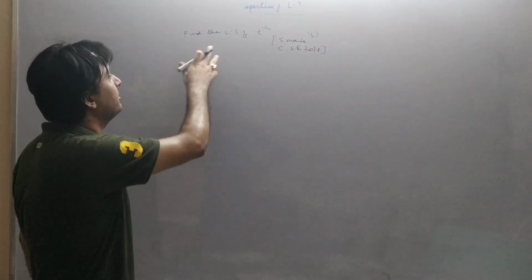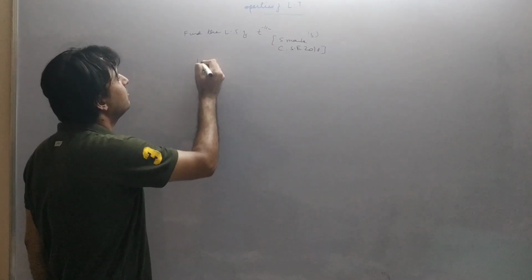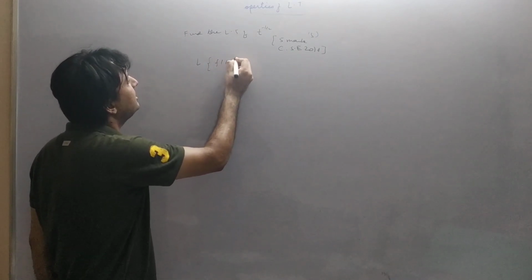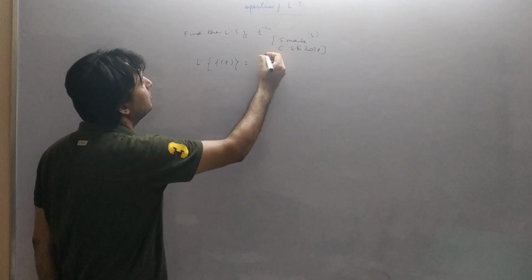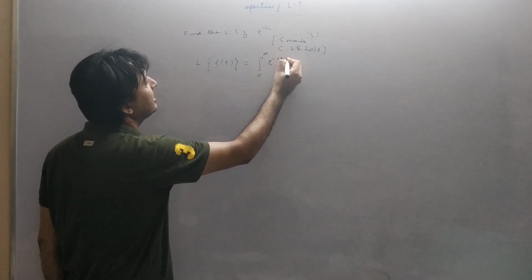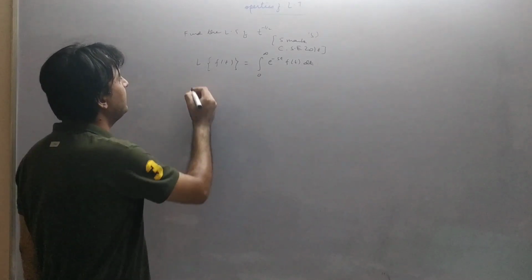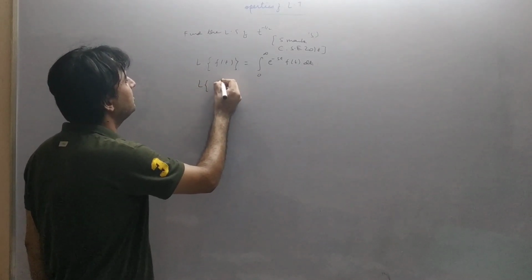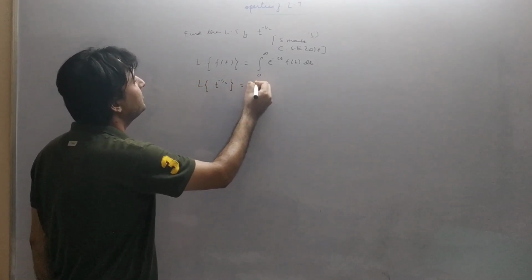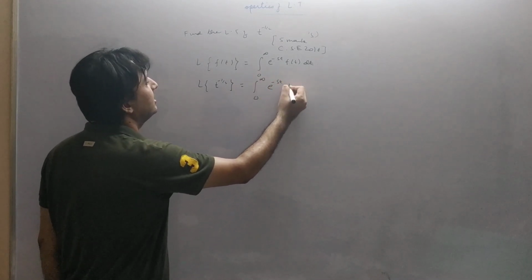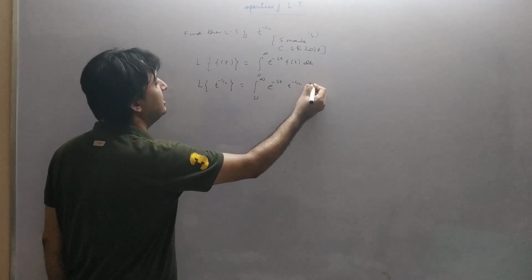Alright, now we are going to solve this question. We know that the Laplace transform of f(t) of any function is the integral from 0 to infinity of e to the power minus st f(t) dt. Similarly, the Laplace transform of t to the power minus half is going to be the integral from 0 to infinity of e to the power minus st times t to the power minus half dt.